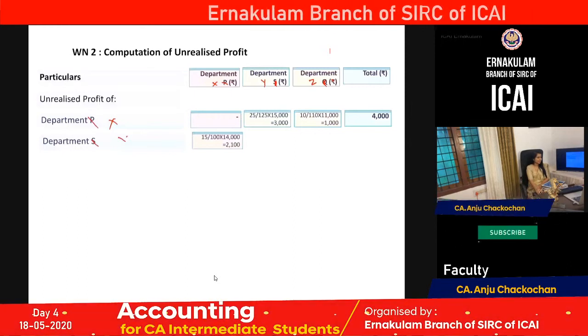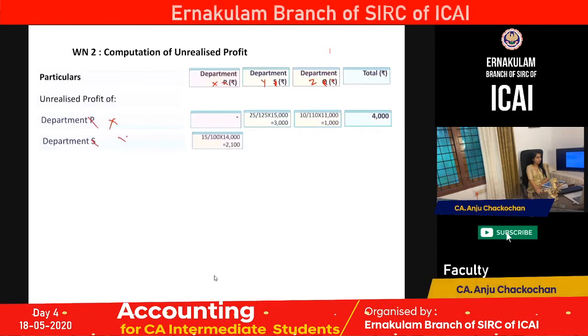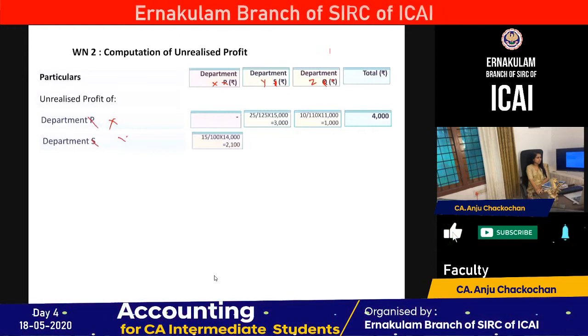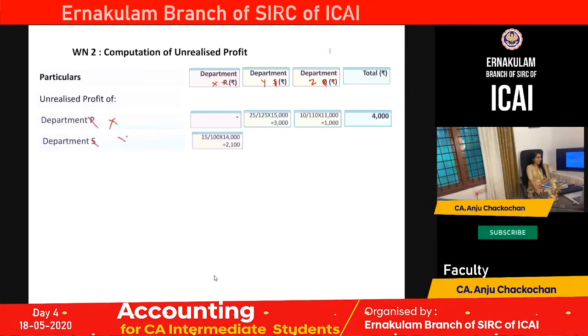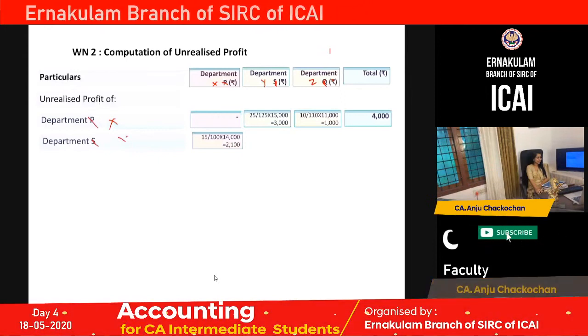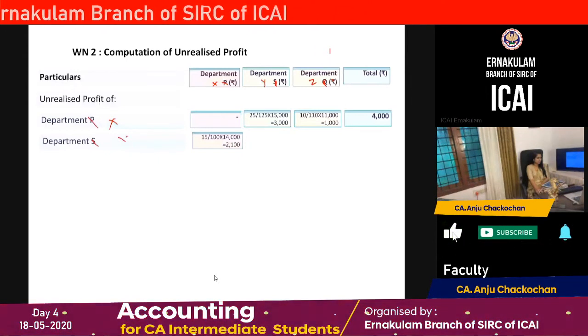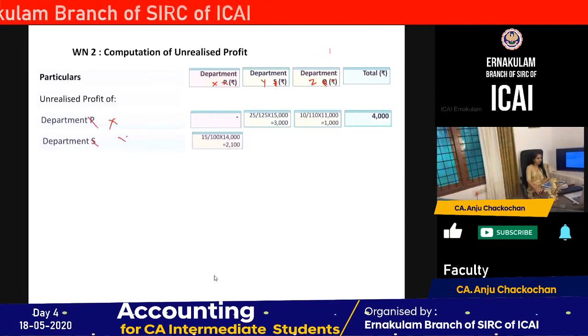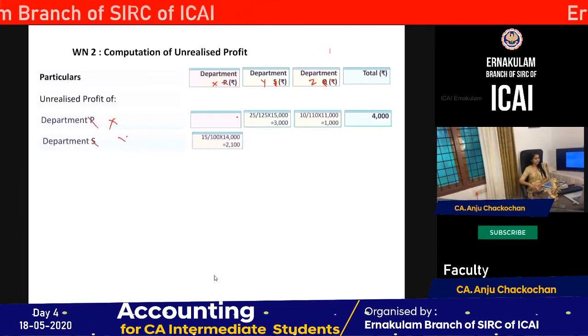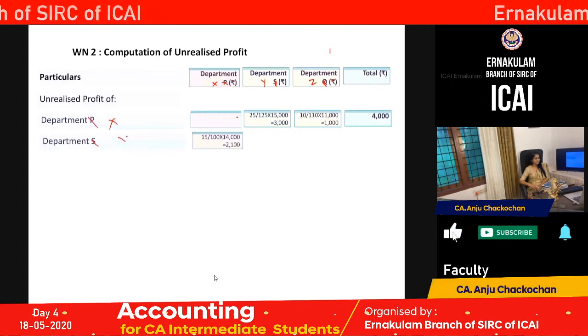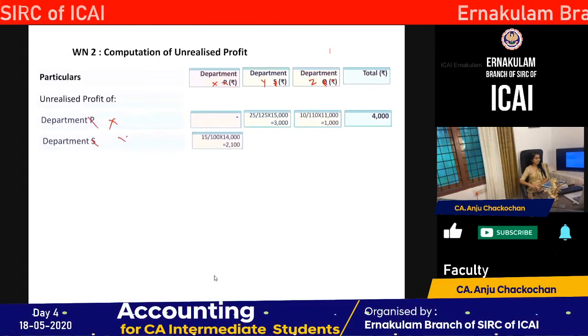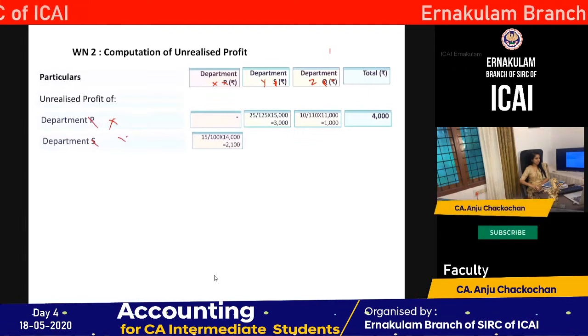Anyone else to complete? George is yet to complete, I guess. Okay, majority has done. Alina, good. Okay, Donna, George. Everybody in loop? Okay, Saurav, good.